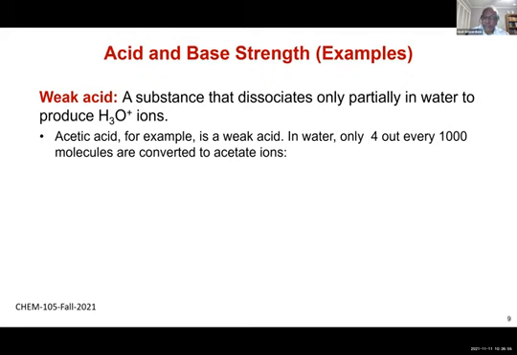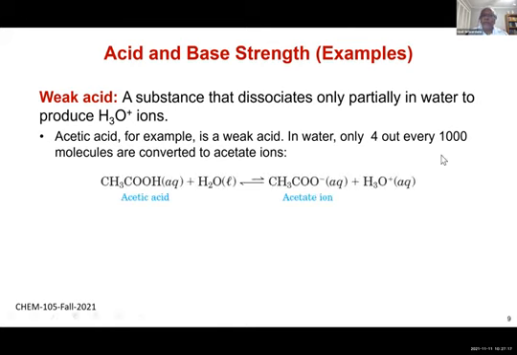We're going to look into a weak acid case, acetic acid, that when you dissolve in water, only 4 out of 1,000 molecules are converted to acetate ion. Therefore, it only partially dissociates in water.